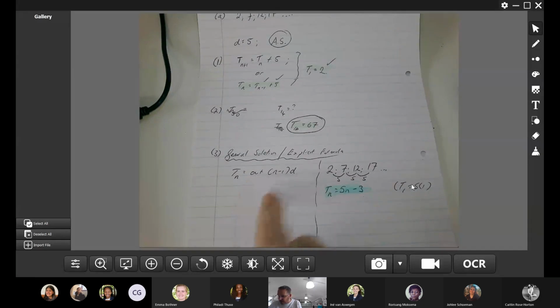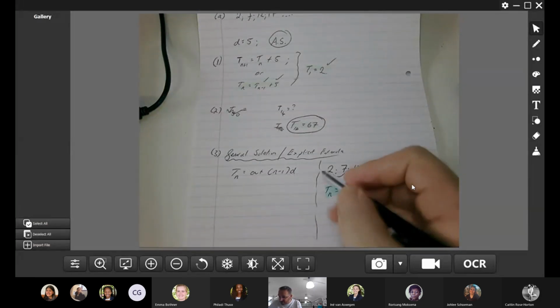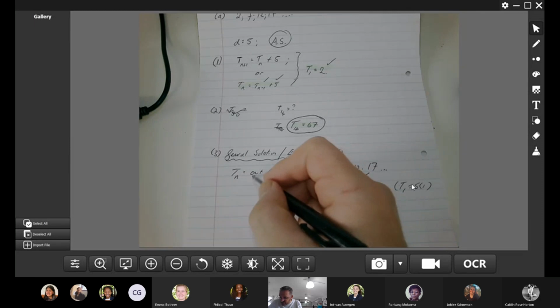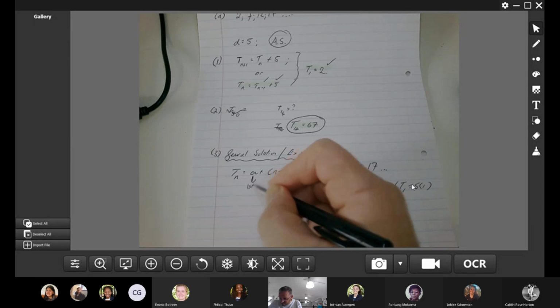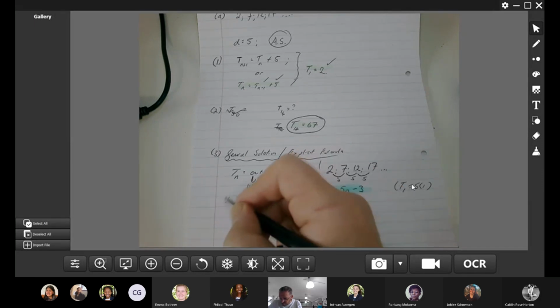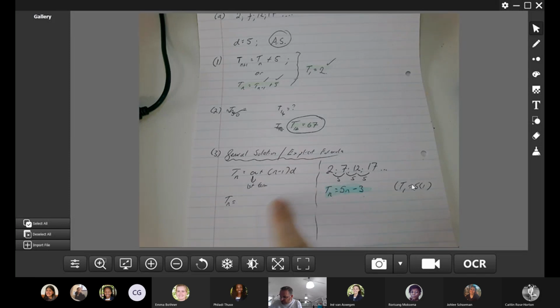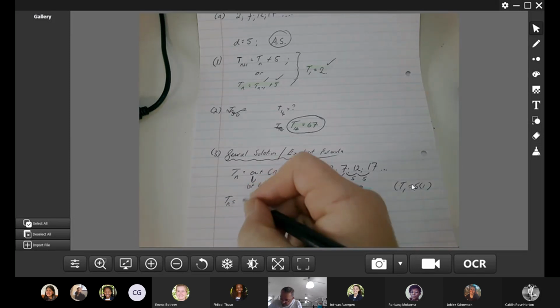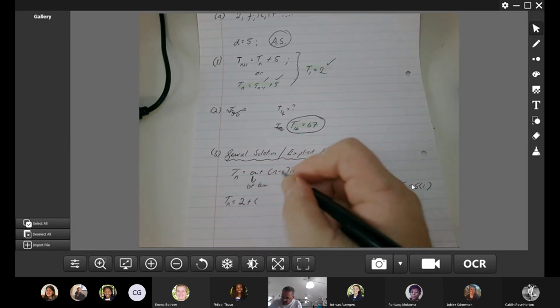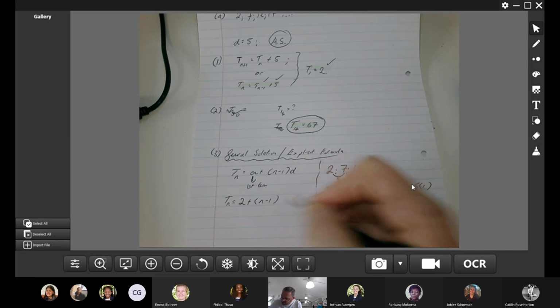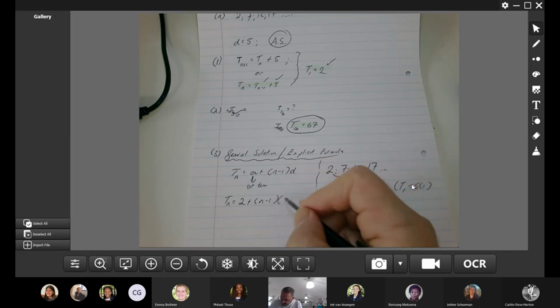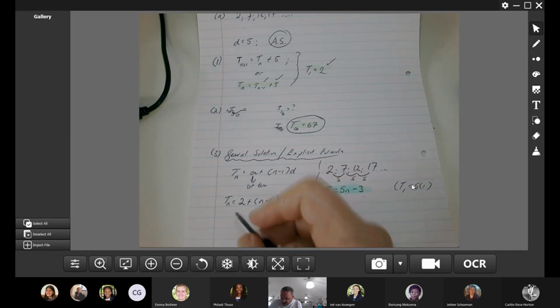Just to show you, you could use this formula here. In this formula, a stands for the first term. So if you like formulas, you can go term n is equal to the first term, 2, plus (n minus 1) times the difference. The difference is 5. And then I simplify.